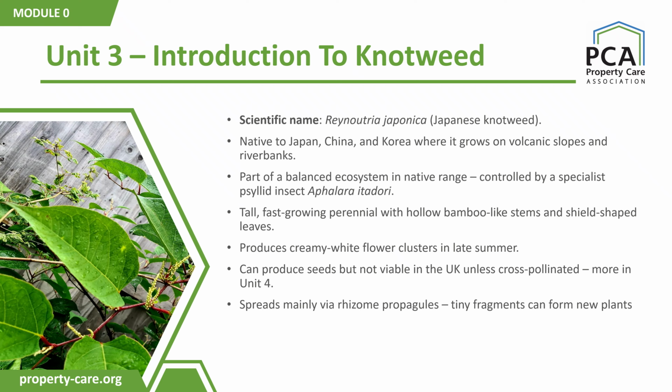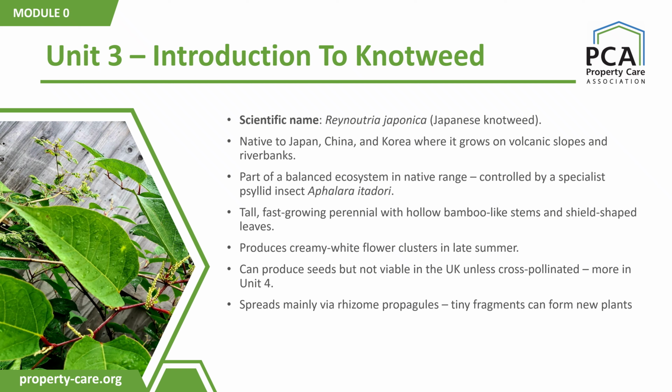In appearance, Japanese knotweed is a tall, fast-growing perennial with hollow, bamboo-like stems or canes, and large shield-shaped leaves. In the late summer, it produces clusters of small, creamy white flowers.